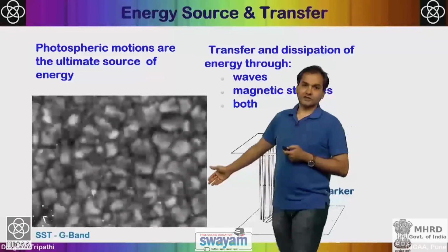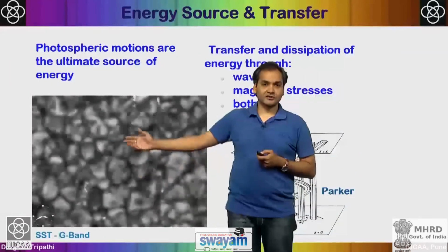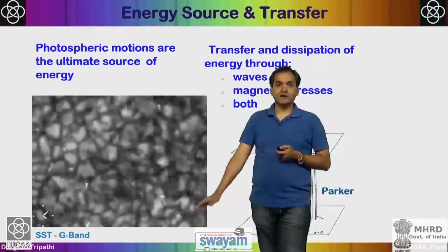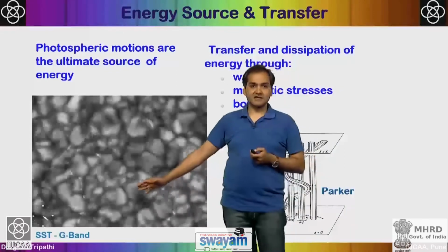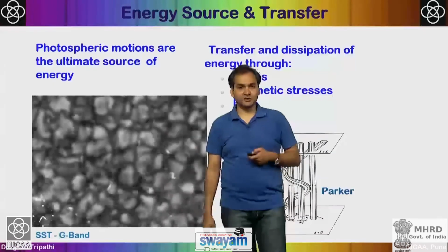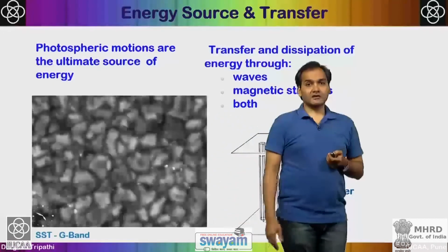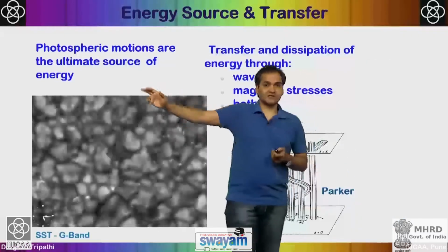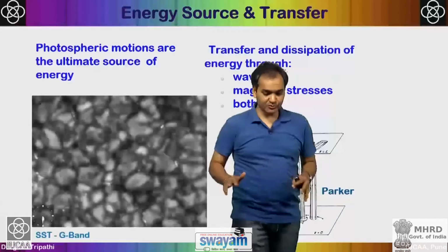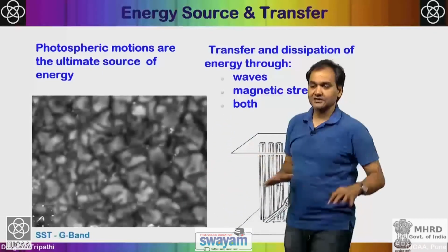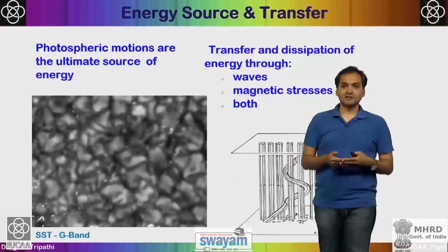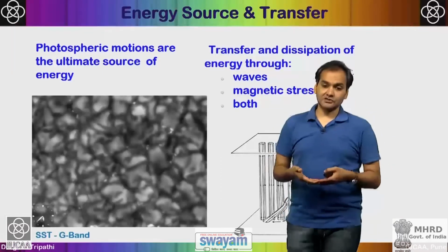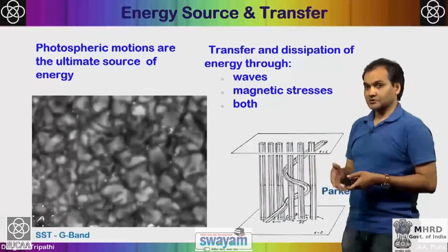We also know that you have a lot of churning motion on the photosphere, and the magnetic field is produced deep down in the convection zone and comes up on the surface in tiny dots, which eventually form sunspots. So, we also know that the photospheric motions are the ultimate source of the energy, because all this mechanical work is being done shuffling around the magnetic field, and that mechanical energy is essentially getting converted into thermal energy, which we will look into.